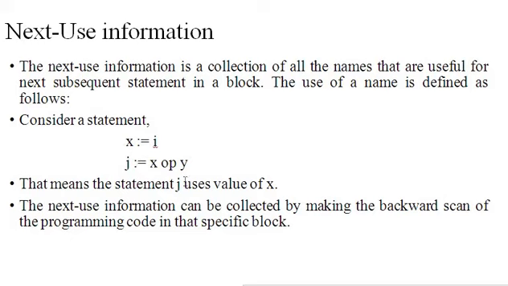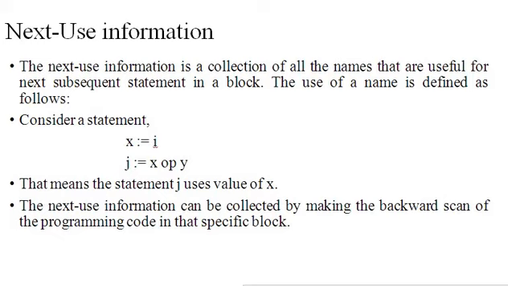For example, consider a statement x is equal to I and j equal to x operator y. That means statement j uses the value of x. So the next use information can be collected by making a backward scan of the programming code in that specific block.